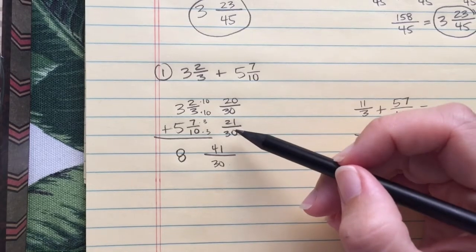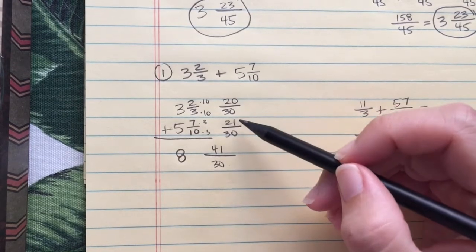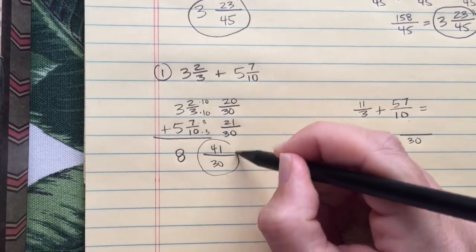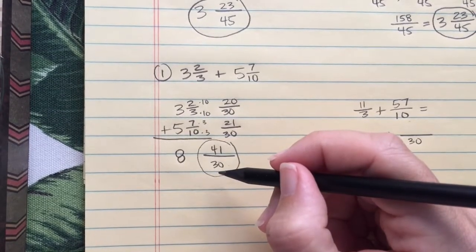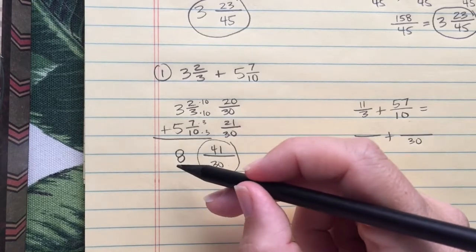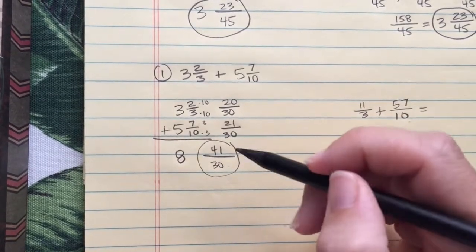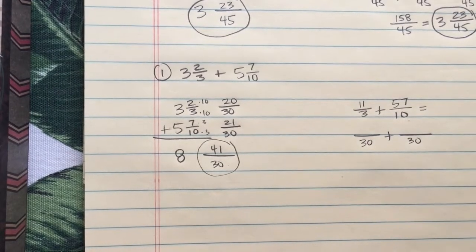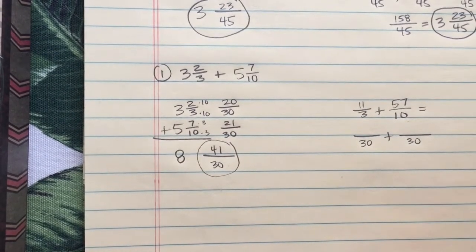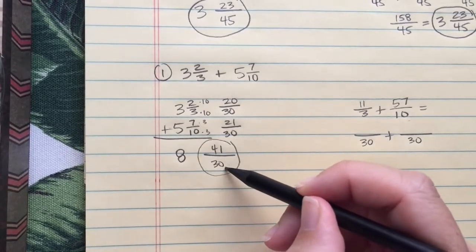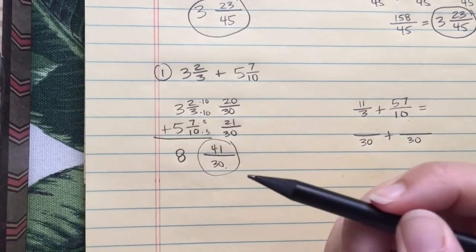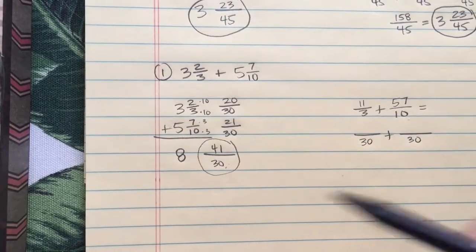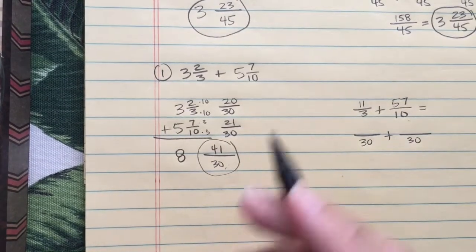We got our common denominator, we changed our tops, 20 plus 21 is 41. Interesting, we have an improper fraction as part of our mixed number. Please don't freak out. Remember, an improper fraction simply means you have more than one. So all we need to do is change this to a mixed number, and then whatever the whole number is there, we're just going to add the whole number to this whole number here and keep the fraction. So let me show you what that means.